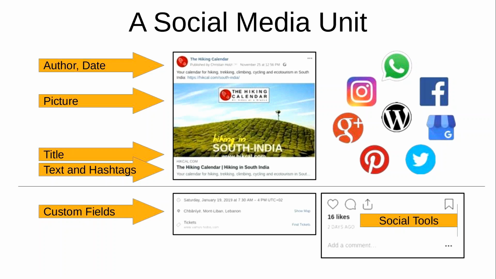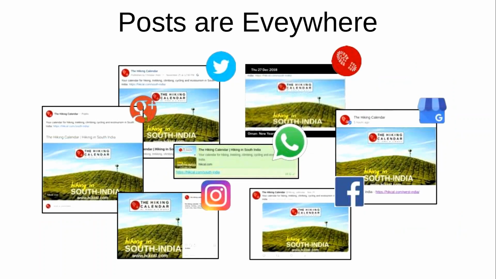The same post can be seen in different ways in, for example, Instagram, Google+, Pinterest, Twitter, Facebook, or even WhatsApp. Here we see the same post in these different networks.